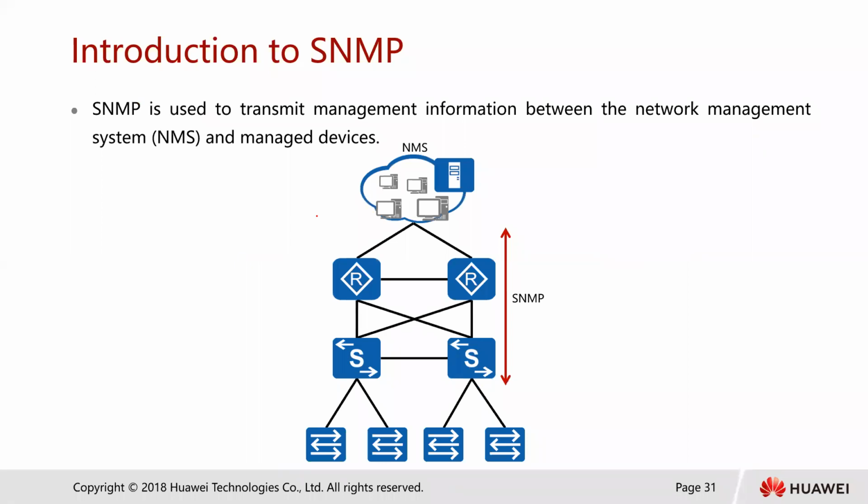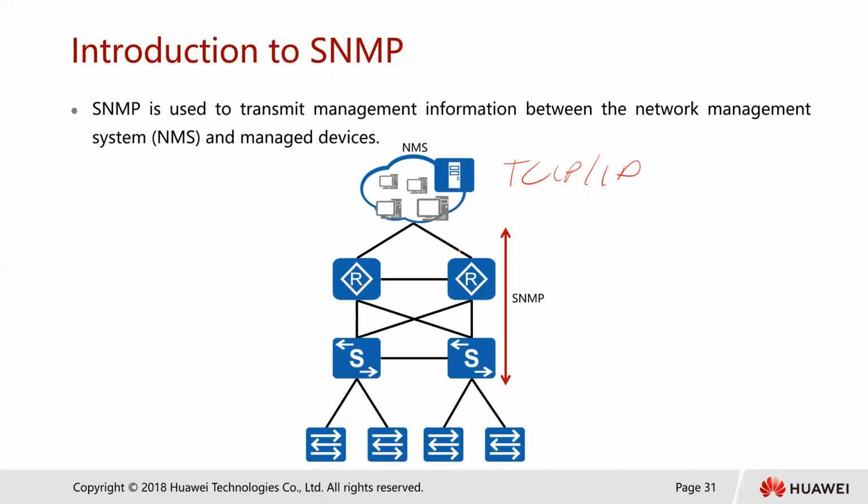So let us look at SNMP. SNMP is used to transmit management information between the network management systems and the managed systems, right? It's a network management protocol, and it is widely used in TCP/IP, and it enables the network management station that runs the NMS to manage the network devices.